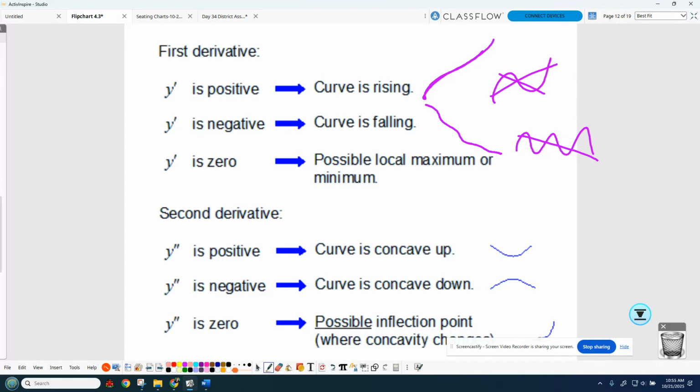And if y prime is 0, there's a possible maximum, or maybe it's an inflection point. Maybe it didn't max out. Or maybe those tangent lines are real and it's gonna make a max or min. Concavity, it's gonna make concave up or concave down, it's gonna look something like that.